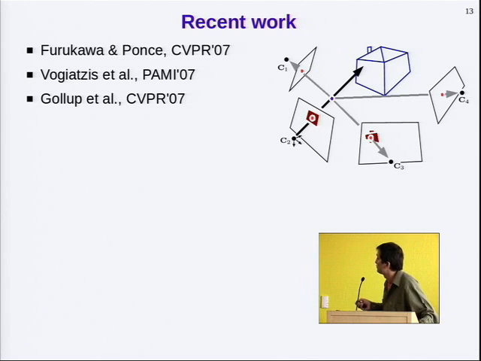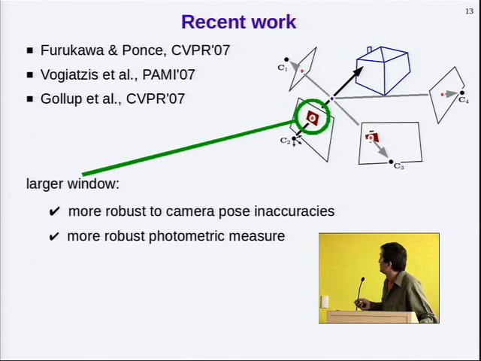The third approach is the closest approach to our method. It also assumes man-made environments, and they assume that there are only some dominant planes in the scene we aim to reconstruct. So the larger window, which I mentioned, is very beneficial.